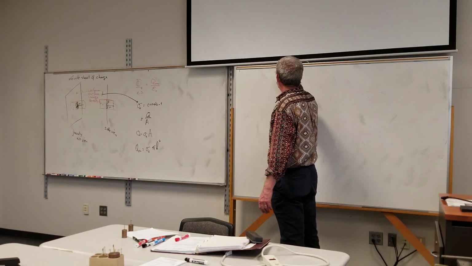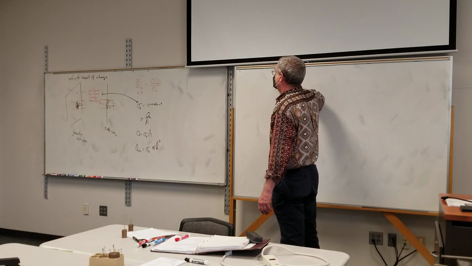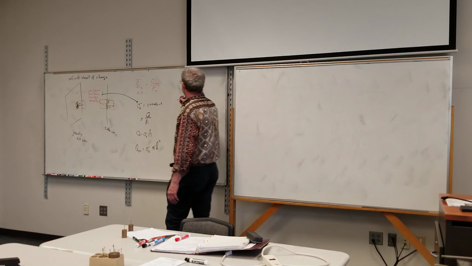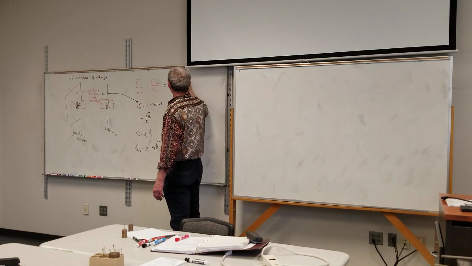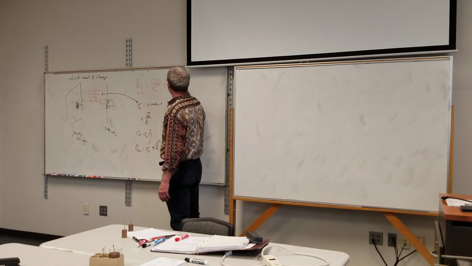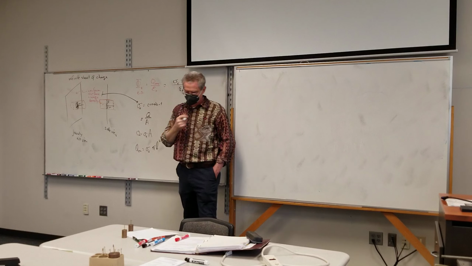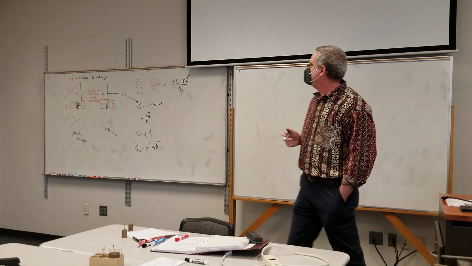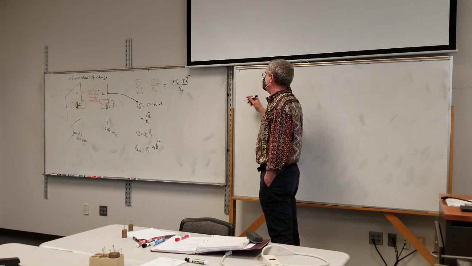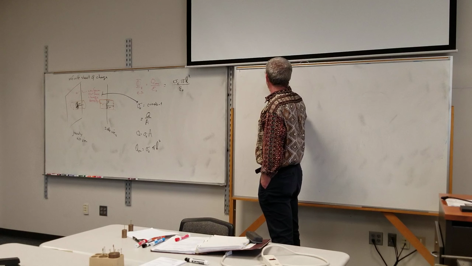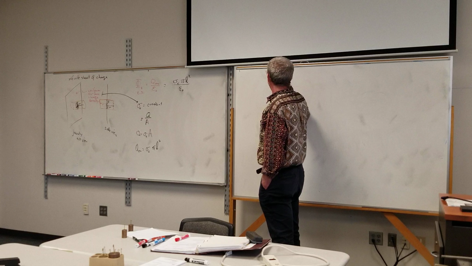So my electric flux, which equals my surface charge density times pi L squared divided by epsilon sub 0. Well, I know my electric flux is equal to E dot A.